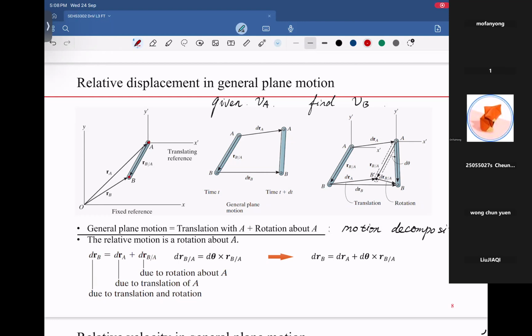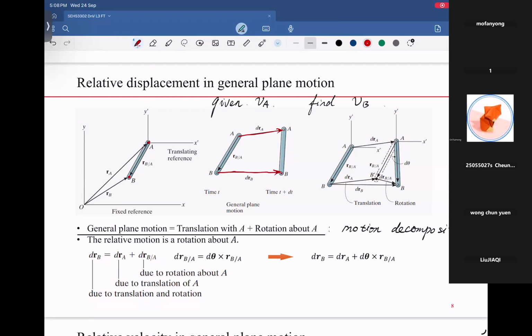We can use A and B to locate the body. Later, as time goes, point A comes to here and point B comes to here.